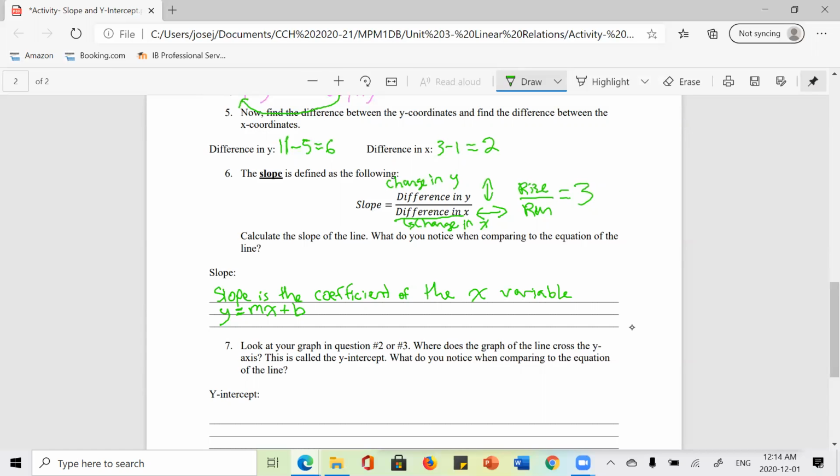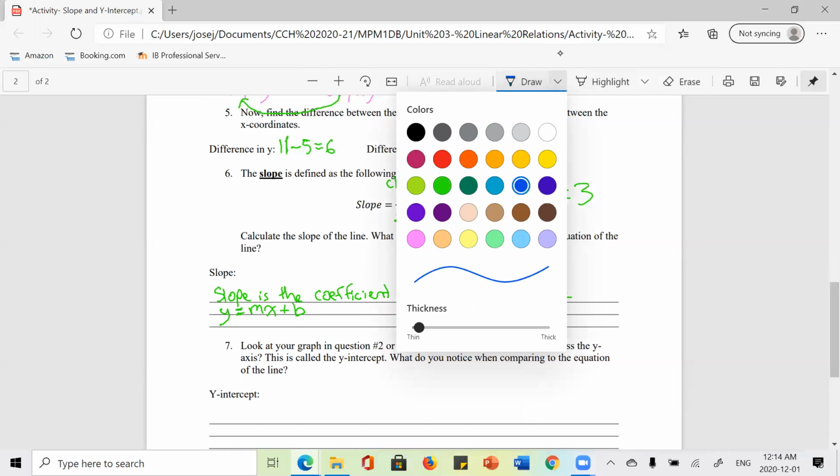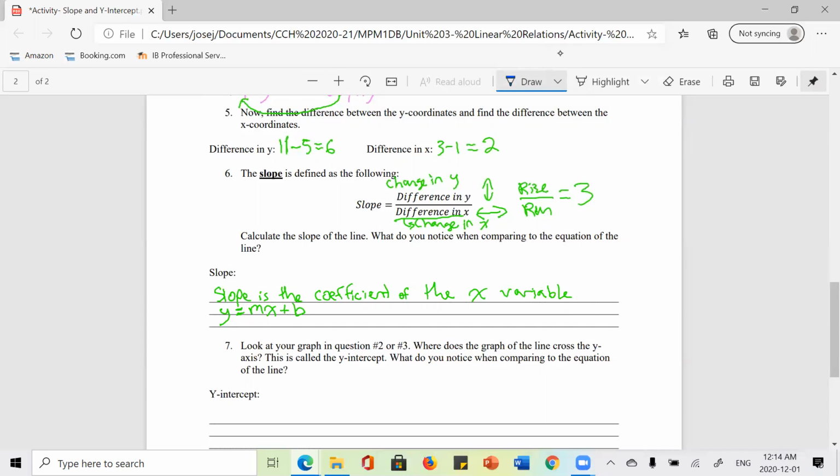The m value right here, the coefficient of x, is going to be our slope. This actually tells us what our slope is. And this is also the exact same thing that we see for the first difference. Right? And that's our first difference for when the x coordinates are all increasing by 1.